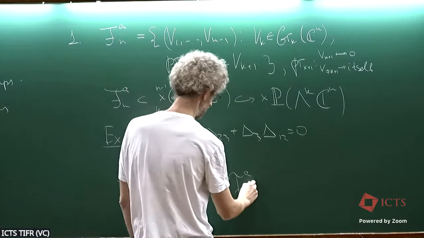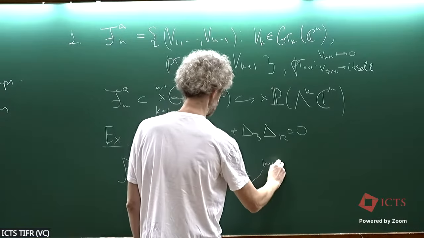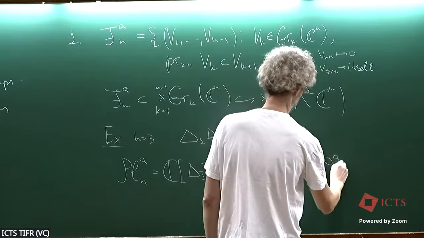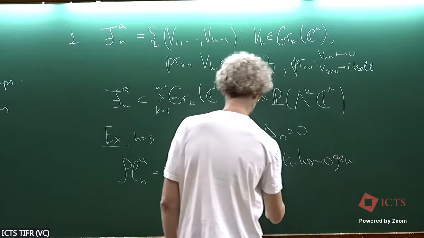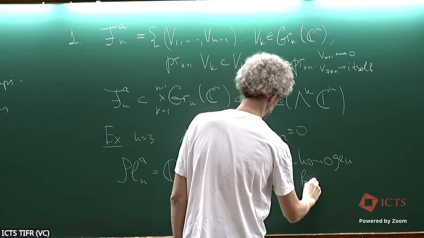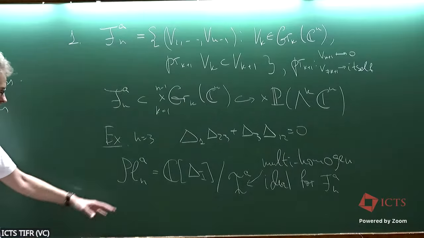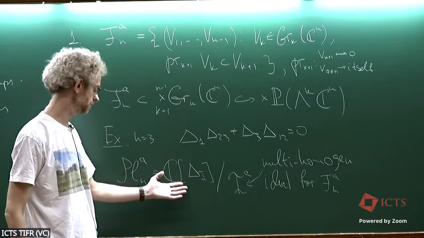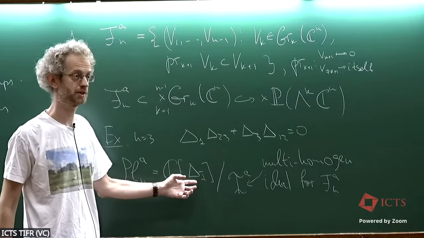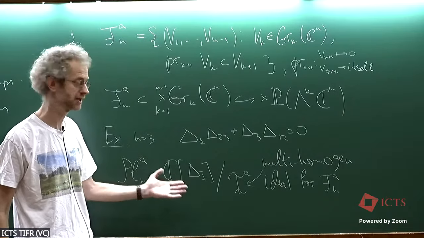Now this IA is again a multi-homogeneous ideal, the ideal for Fna. Let me say it again: these are all possible polynomials in Plücker variables, but we care only about the multi-homogeneous part.